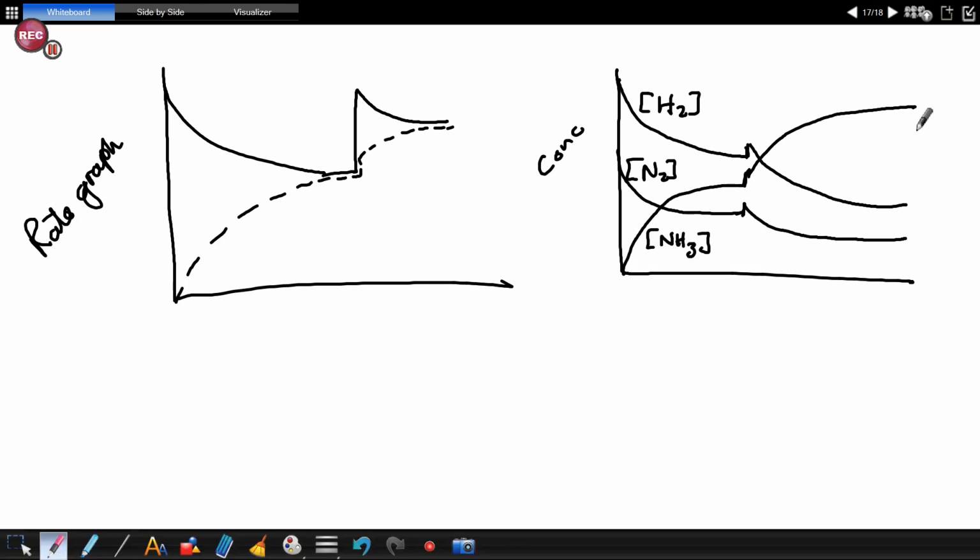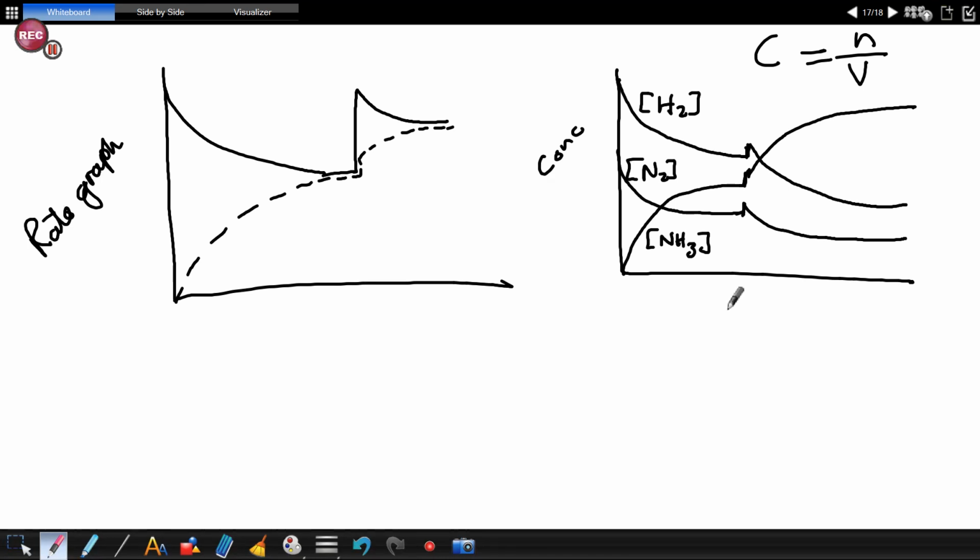Everything shoots up a bit because you're decreasing the volume, and concentration is moles over volume. So if you're decreasing volume, you're automatically, for a split second, increasing the concentration of everything. But then a new equilibrium must be established.